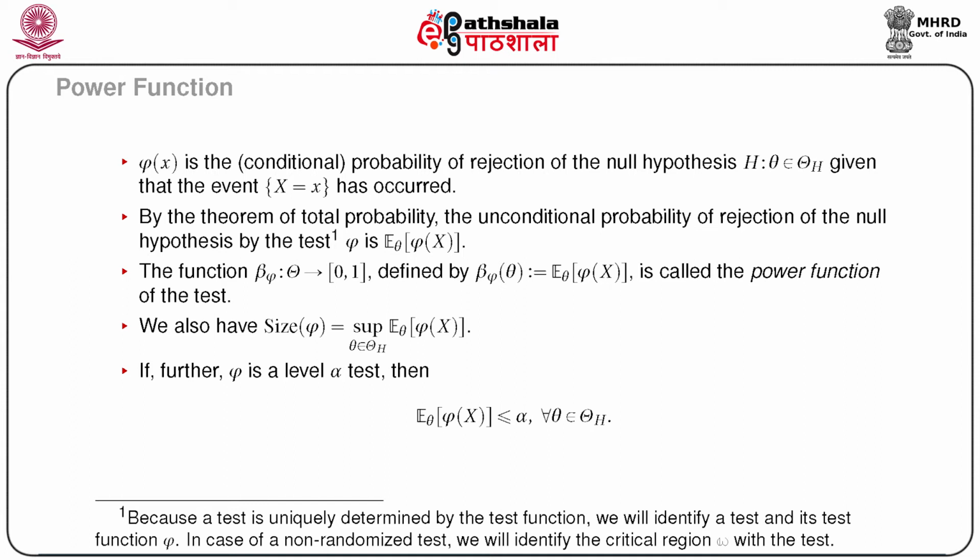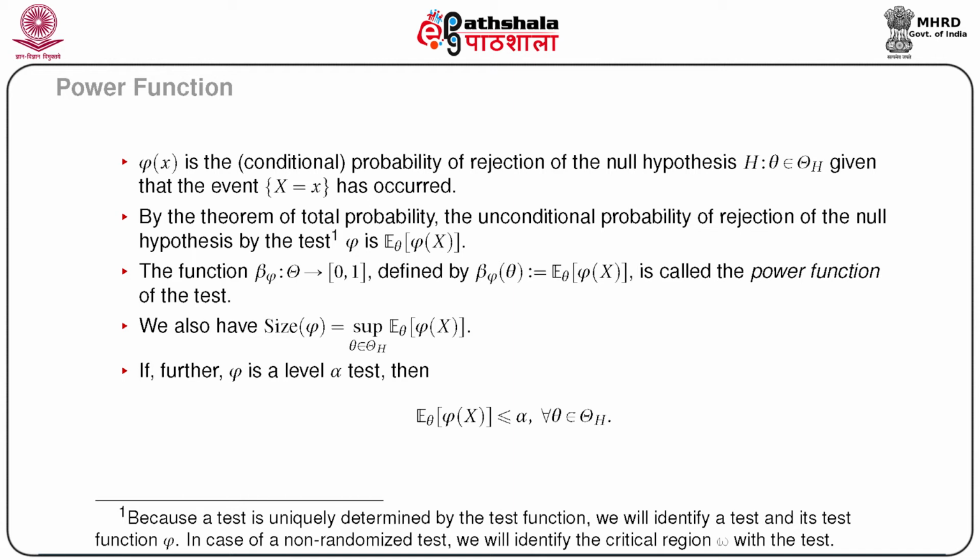Similarly, we can define the probability of type 2 error. This is equal to the expectation under theta of (1 minus phi(X)), where theta belongs to script Theta_HA, and this is actually 1 minus the power at the point theta, where theta belongs to script Theta_HA.